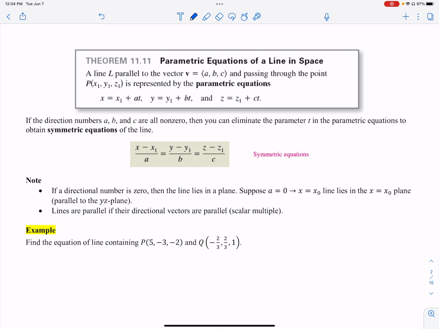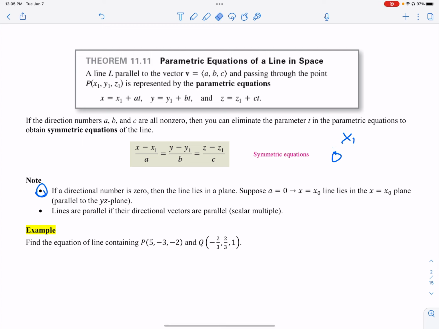So there's a couple things I want to point out in the notes. We just talked through both of these. If a directional number is 0, then the line lies in a plane. Suppose A equals 0, so x equals x naught, and the line lies in the x equals x naught plane. One thing I do want to point out: if A is 0, I can't do this, that doesn't exist.